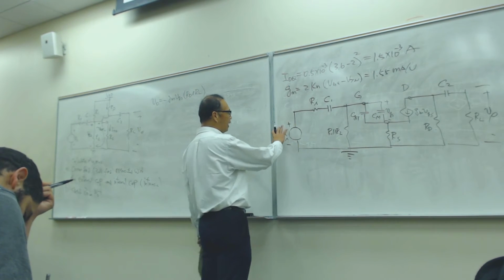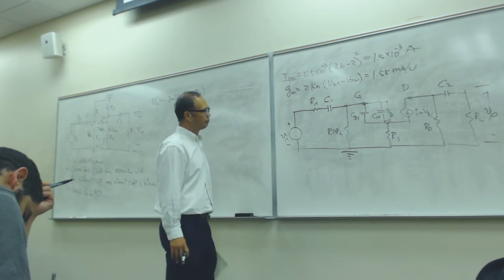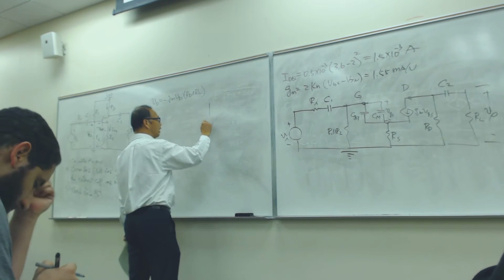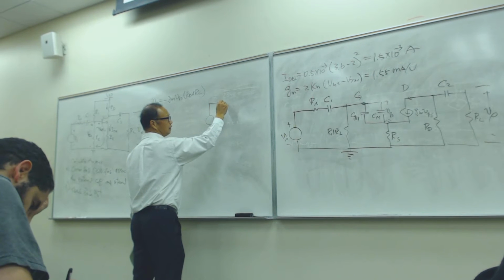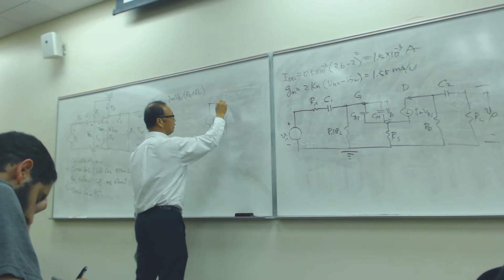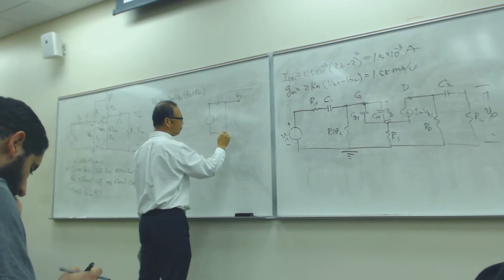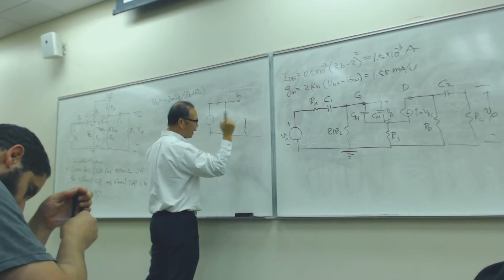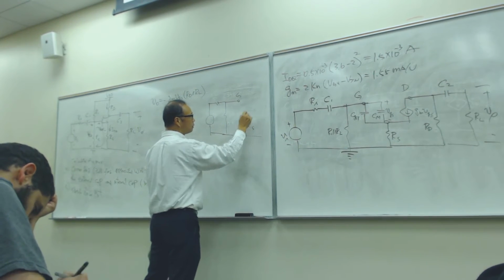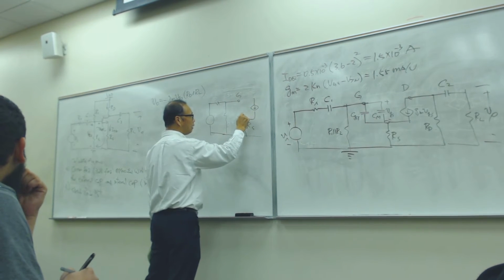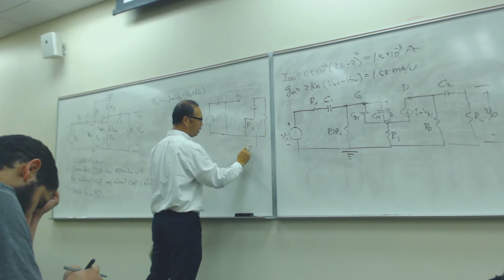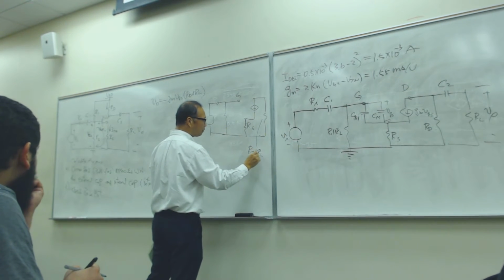Then what about V sub I? Maybe I should draw this one more time. Right? This is under the ideal condition, yes? This is R sub D in parallel with R sub L. Correct?